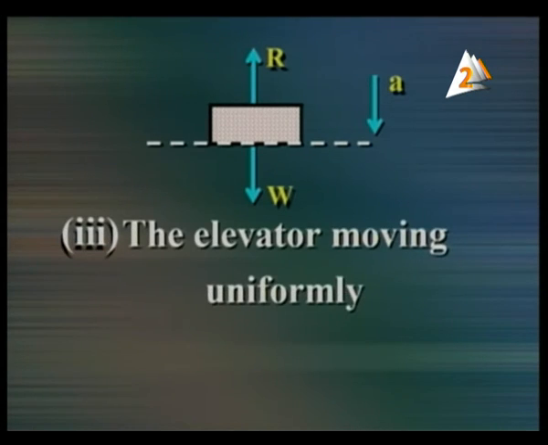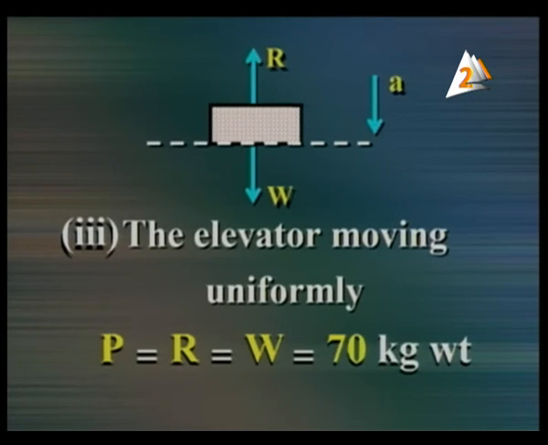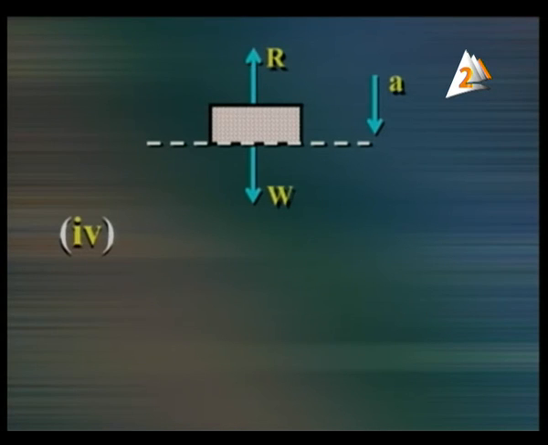Number 3, the elevator moving uniformly. Moving uniformly means R equals W, equal also the pressure, equals 70 kilogram weight.